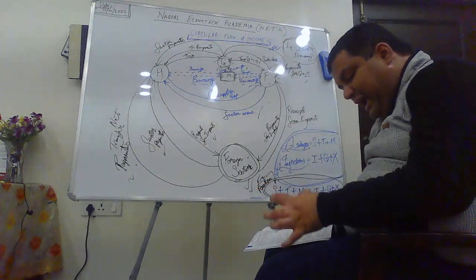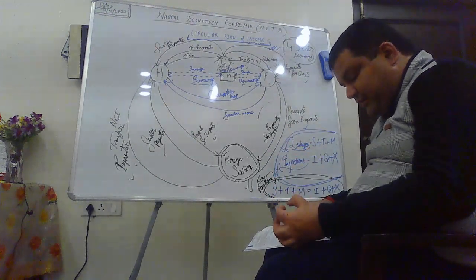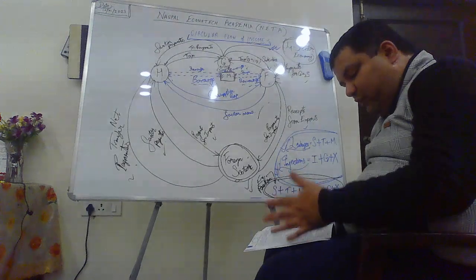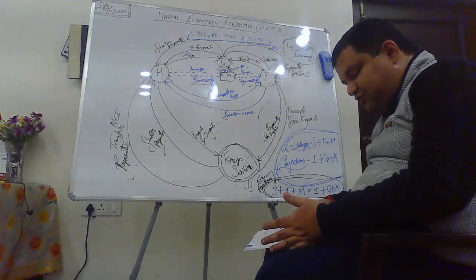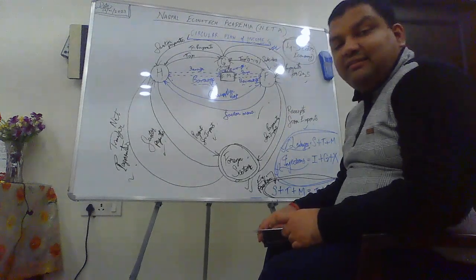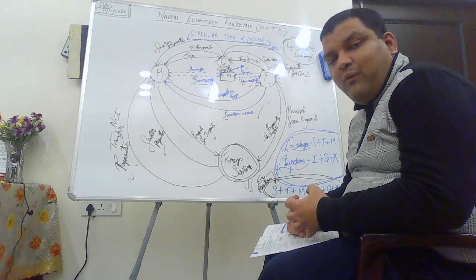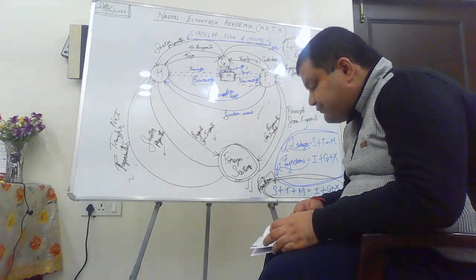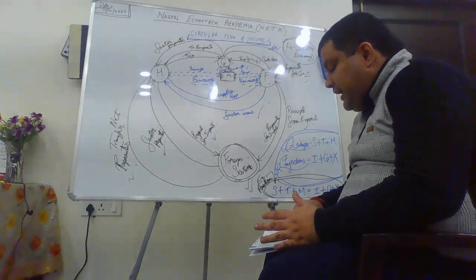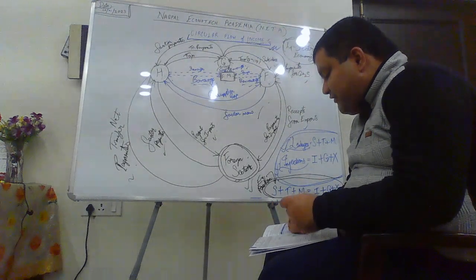The period of time could be a day, a week, a year, a month, etc. It means the flow variables are time dimensional as they are measured for a period of time. Now let's study certain examples which would help us to clear the concept of stock and flow more clearly. The amount of water in the tank is the quantity of water in the tank at a given point of time.